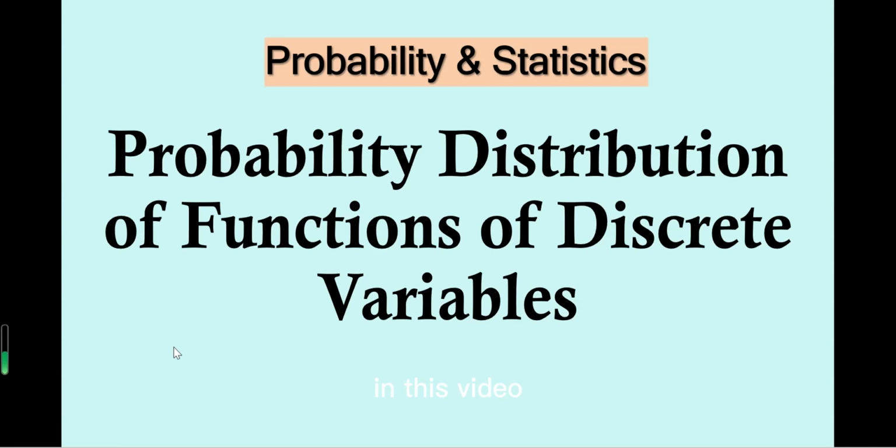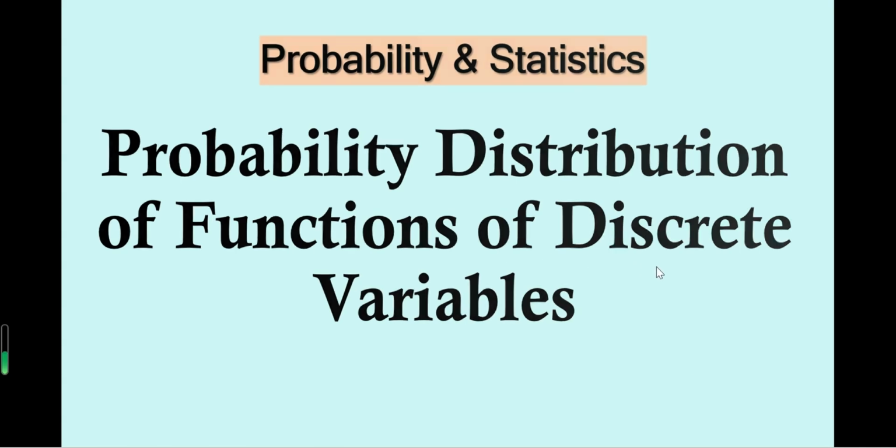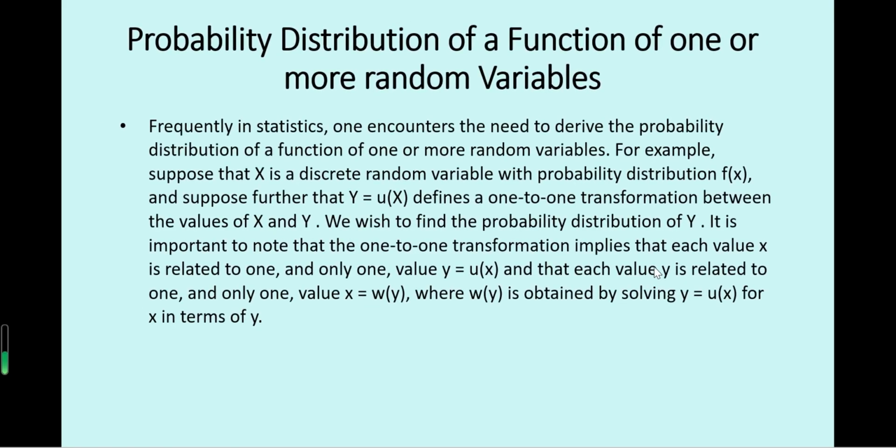In this video, we will talk about the probability distribution of functions of discrete random variables. Sometimes in statistics you will need to derive the probability of a function of one or more random variables.